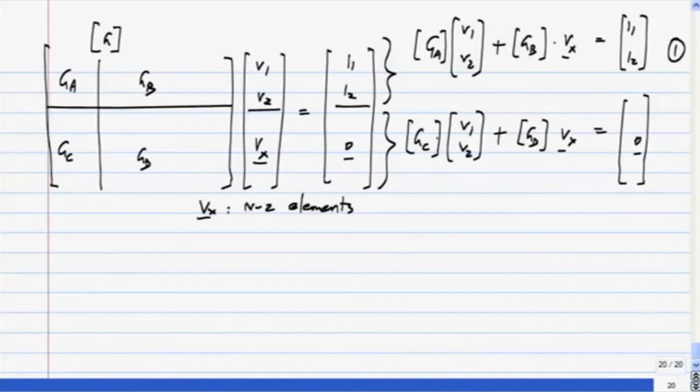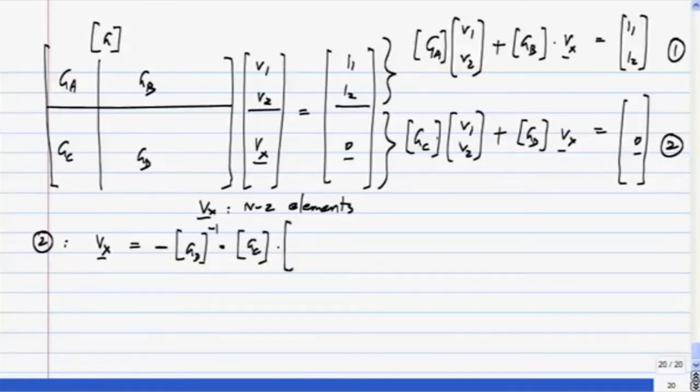So, if I call this 1 and 2, if I solve for Vx in the second one, it is clear that Vx will be GD inverse times minus GC times V1 V2.